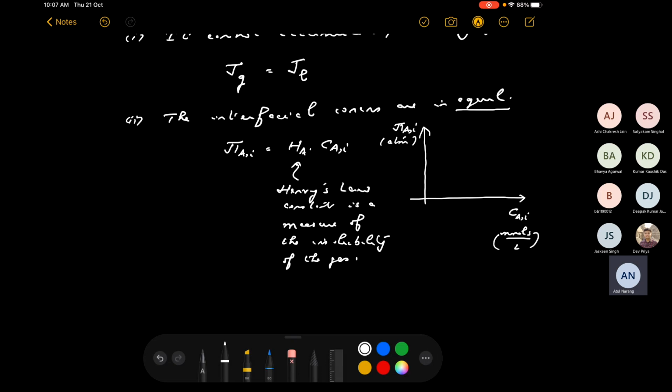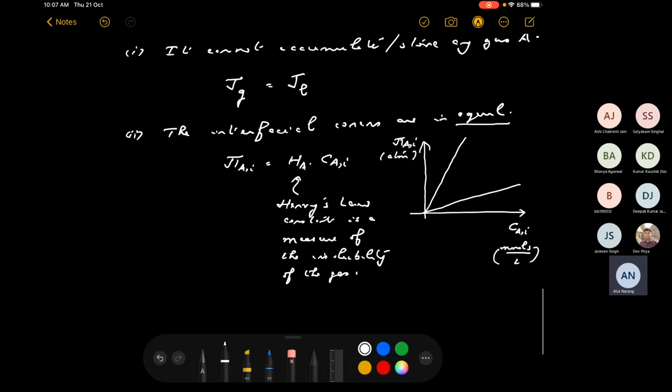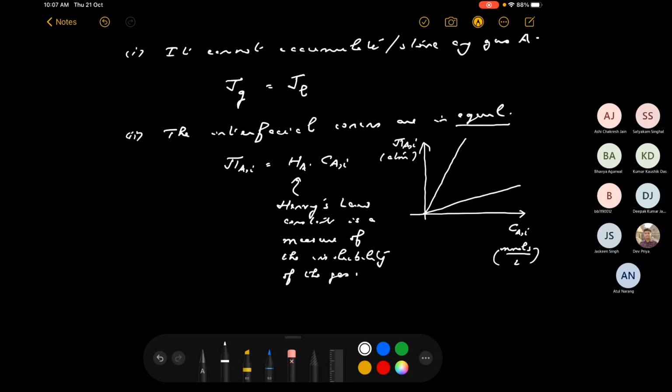Now, this is the picture for highly soluble gases, and this is the picture for gases where high values of the Henry's law constant indicate insolubility. To see that, it's simple to just draw a horizontal line. Basically, the line with high slope corresponds to insoluble gas, and the line with low slope corresponds to the soluble gas.